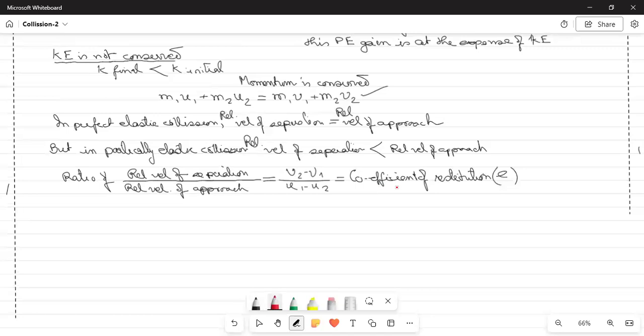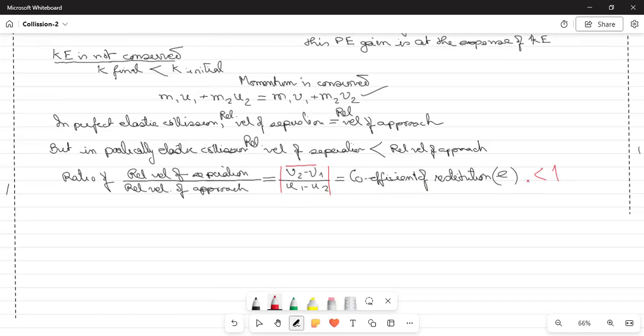But since it is a coefficient, normally we take the mod of this ratio. If the ratio is negative, we take the mod of that ratio. And this e is, of course, always less than 1 because the velocity of separation V2 minus V1 will always be less than the velocity of approach. The coefficient of restitution is always less than 1.